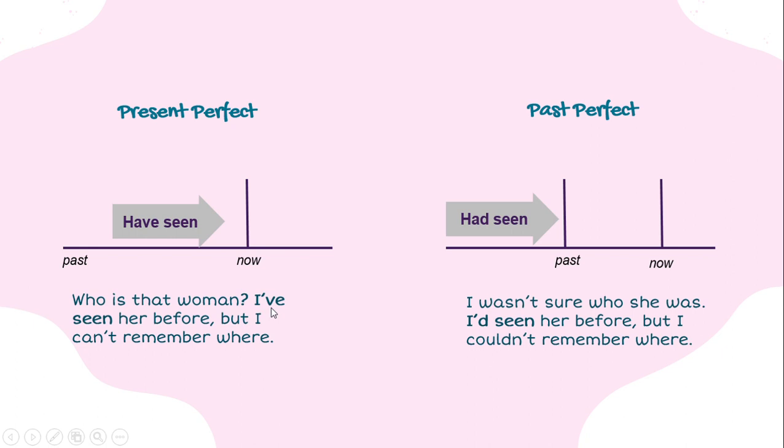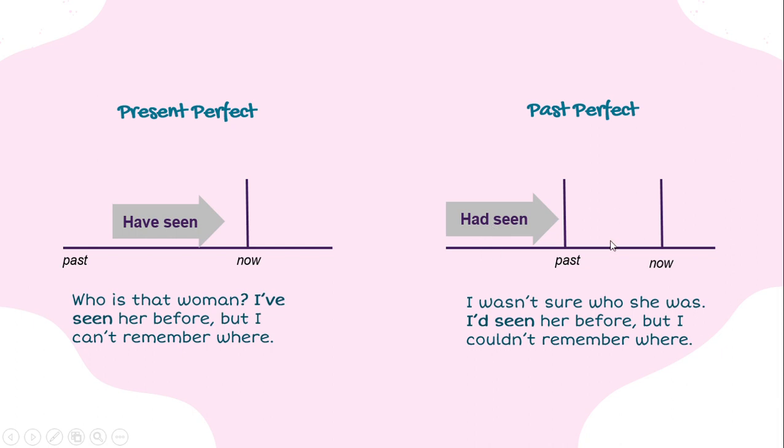She or he said that have seen berarti terjadinya di waktu lampau, in the past. But for the past perfect, I wasn't sure who she was. I had seen her before, but I couldn't remember where. So the had seen, past perfect, happened before the past.